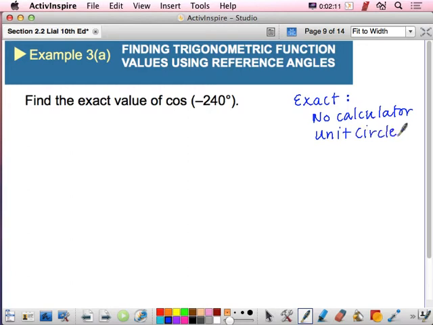And it also means that no decimals are allowed in the answer. That's why you can't use the calculator. It'll have to be given as a fraction or a radical.